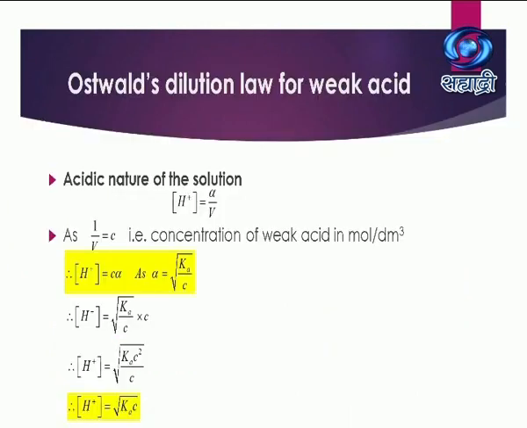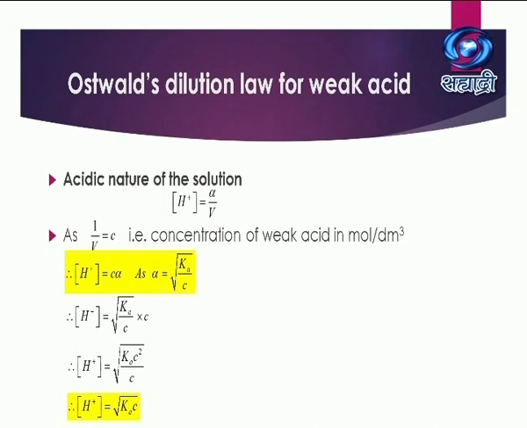Now one more corollary one has to consider, the acidic nature. Now this weak acid solution is considered. So this solution is acidic. It is due to the presence of H plus ions. Now how can you calculate the H plus ion concentration according to the table which we already prepared? We will end up with the expression active mass of H plus is equal to alpha upon V. Now 1 upon V is always the concentration of the weak acid in moles per dm cube.